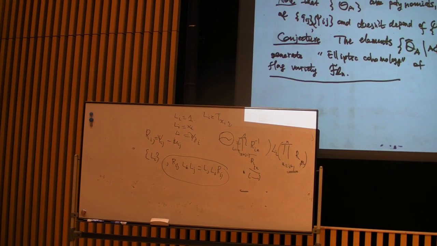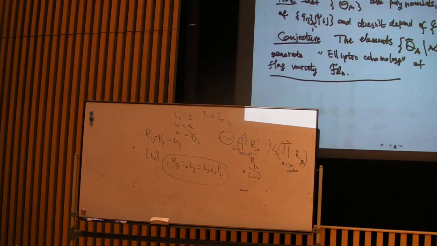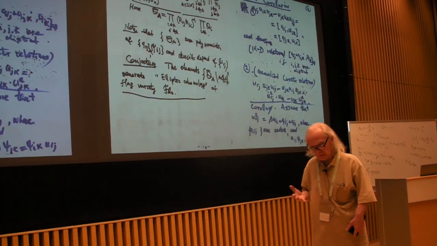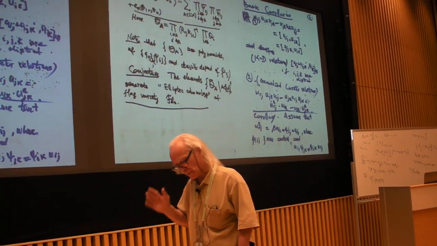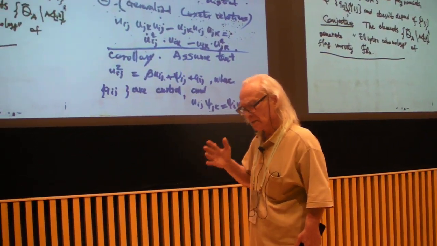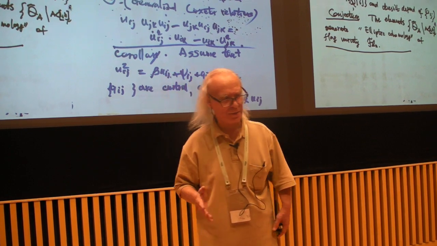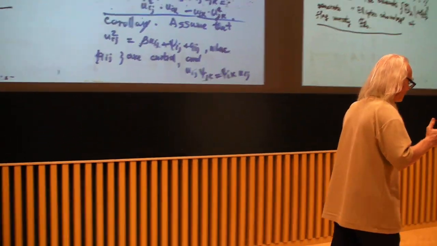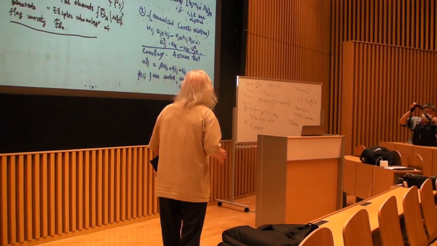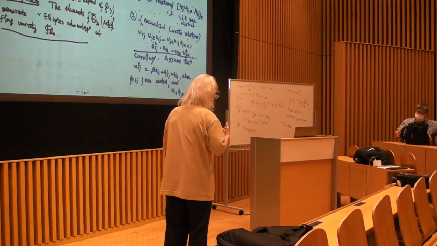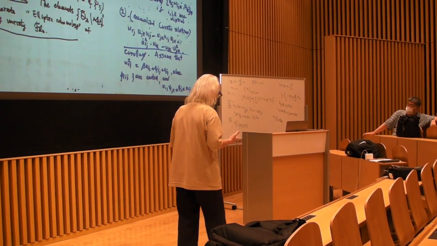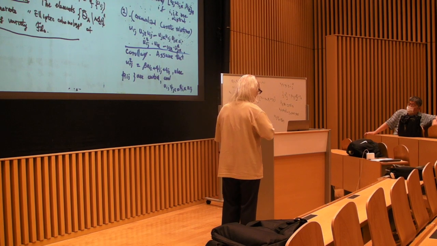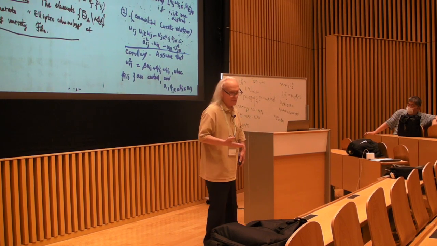The interpretation is the following: it is well known that quantum cohomology of flag varieties or Grassmannians is related to the so-called Toda lattice, the integrals of motion for the Toda lattice. But I really consider what is called the Toda lattice with full constant, which is a generalization of the Toda lattice.